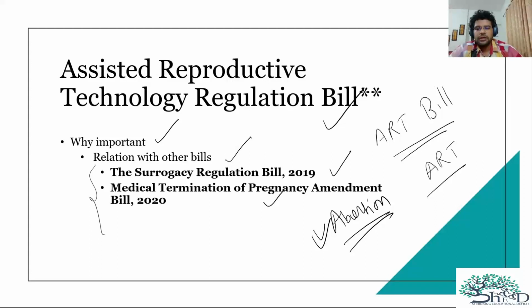One thing I would like to tell you here: these three bills, the ART bill, surrogacy regulation and medical termination, are all protecting and recognizing women's reproductive rights. So quite important. You can quote this in the exam also if something related to women's reproductive rights comes.